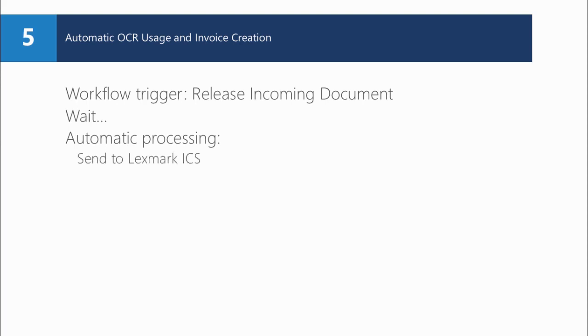So it will send the incoming document to the Lexmark invoice capture service. Then after a while it will automatically receive it back from the Lexmark invoice capture service, and then based on the OCR XML file that has been created automatically, the system will then create a purchase invoice.